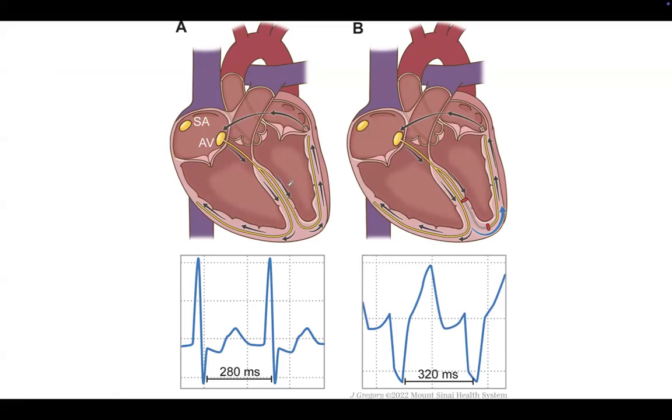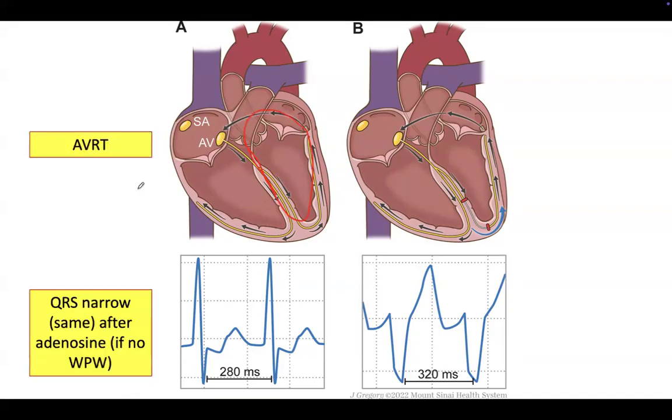So you have a patient in SVT going down the AV node, up a left pathway, down the AV node. Like we said, this is an AVRT, SVT, and then when you give adenosine to this patient, the tachycardia QRS is narrow, and then after adenosine, it is sinus.